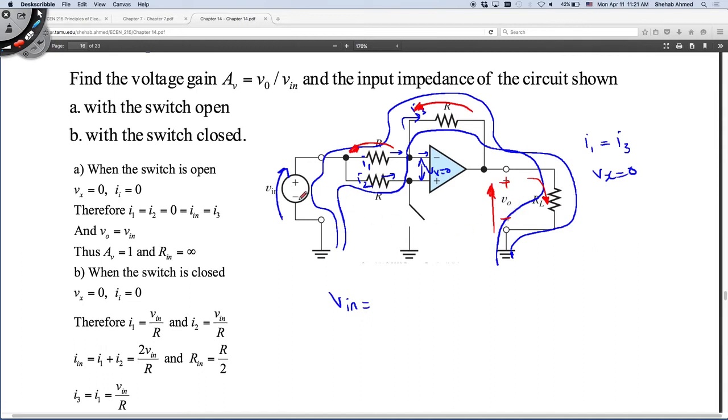So I can write my equation as V input is equal to I1 times R plus I3 times R plus V output. Or I can write it as I2 times R, the second loop, plus I3 times R, this is my loop. I know this voltage is 0, so I'm not going to put it here. So I3 times R plus V output. What does this tell us about I2?